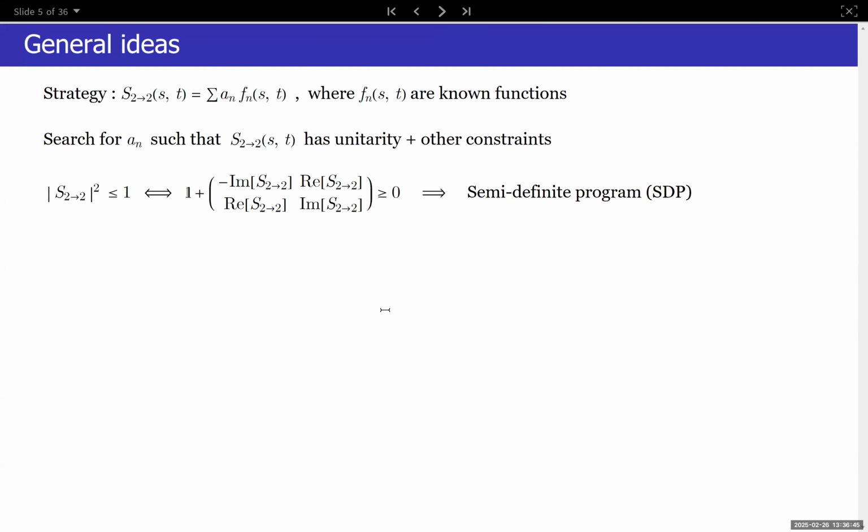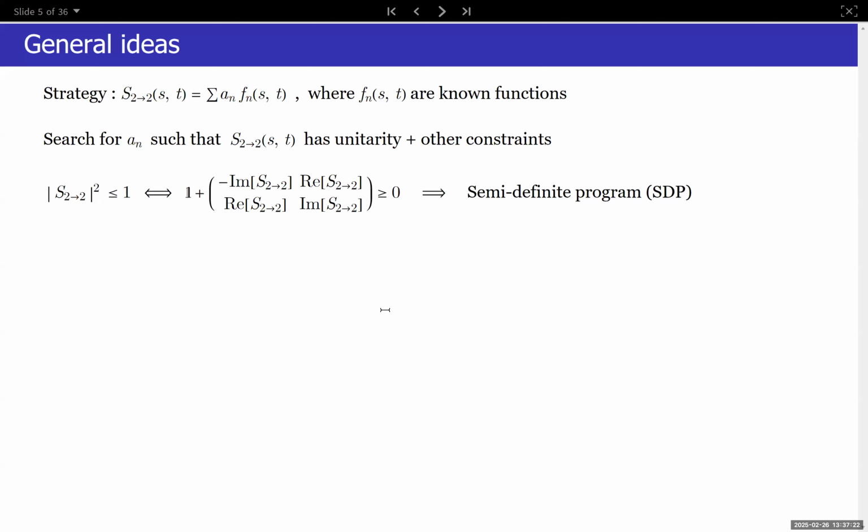Then let's think about the 2 to 2 S matrix. It depends on S and T. The idea is that we can write down an ansatz, expanding this S matrix as some unknown coefficients a_n times known functions F_n depending on S and T. And we try to search for a_n such that this function obeys unitarity. So how do we demand unitarity?